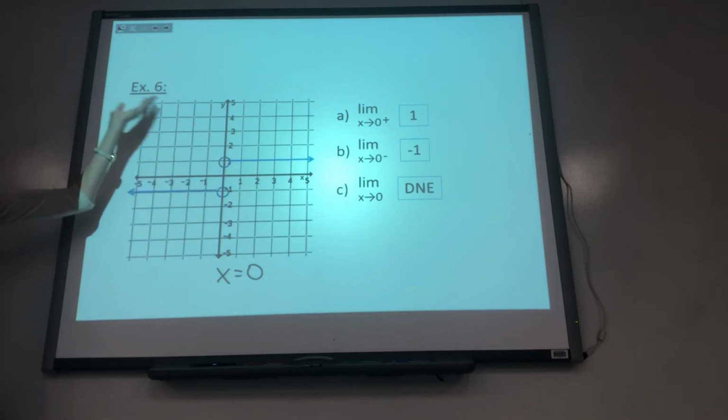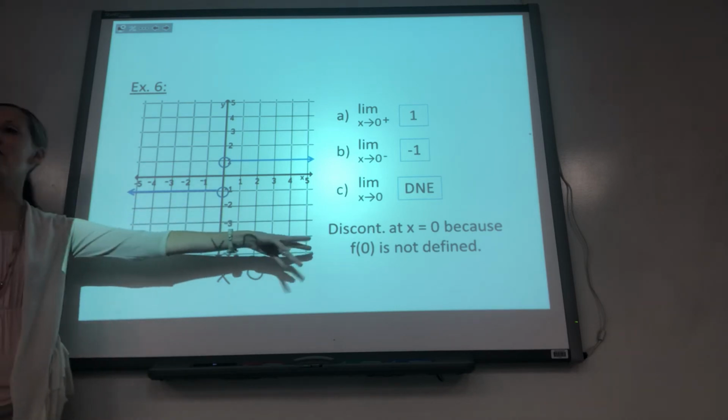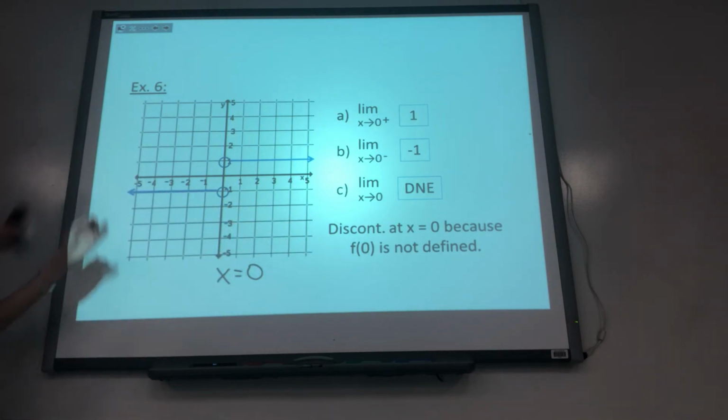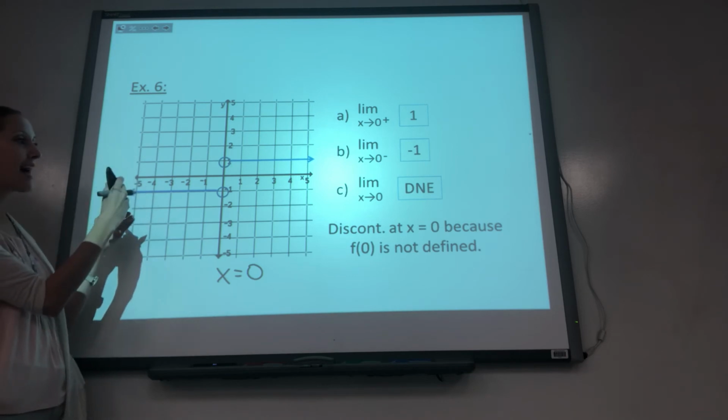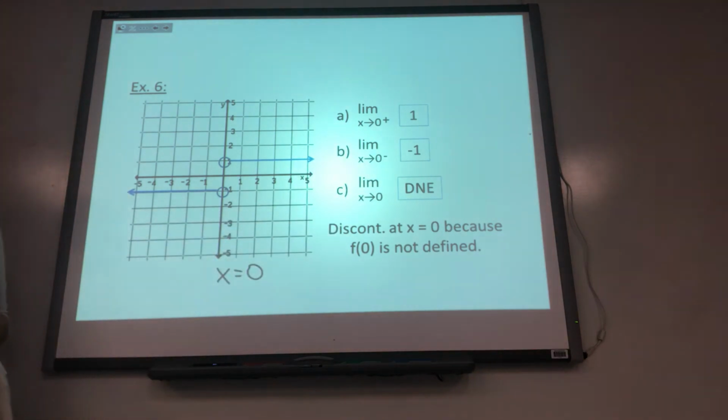No, there's just holes everywhere. So that's what I said. Discontinuous at x equals 0 because f of 0 is not defined. Another option would be that it's discontinuous at x equals 0 because the limit as x approaches 0 does not exist. You can't even really do condition 3 on something like this, but again, you could address the first condition or the second with this type of graph.